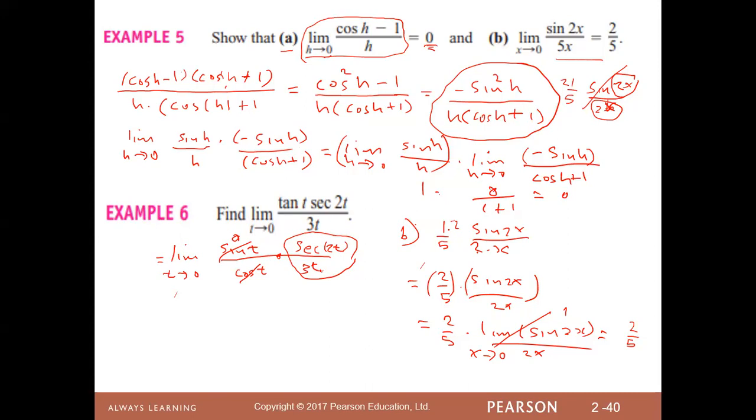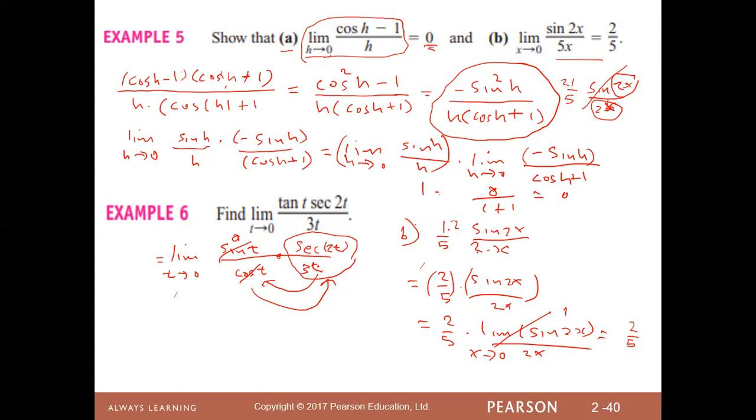So can we move this to this place and move this to this place? We can, right? They're multiplied by each other. Forget about the 3. Can we move the t under the sine and move the cosine under the sec? Yes, it's the same.